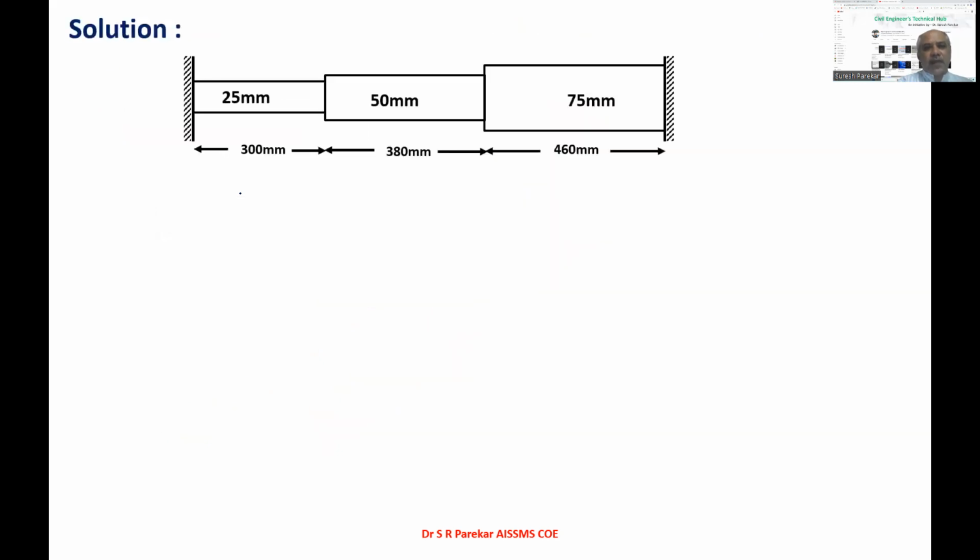So this is the given problem, and we have A, B, C, D. Now we will first give node numbers. We first give the primary nodes: this will be primary node 1 and primary node 2, because primary nodes are at ends or at corners.